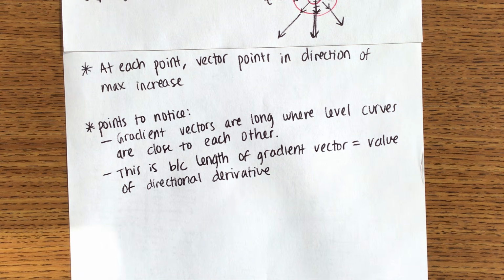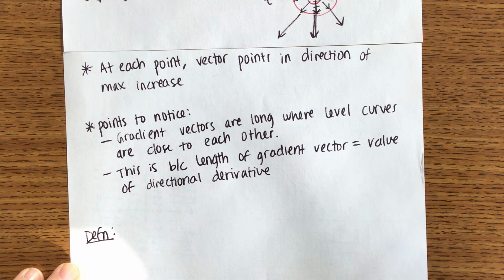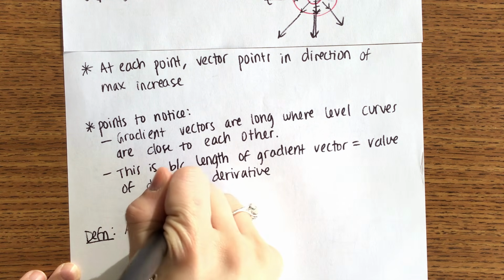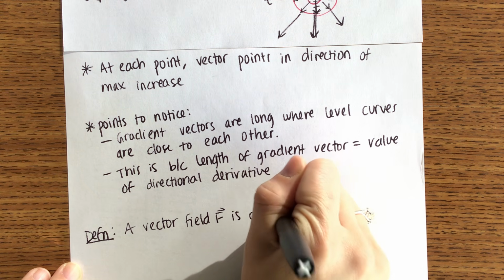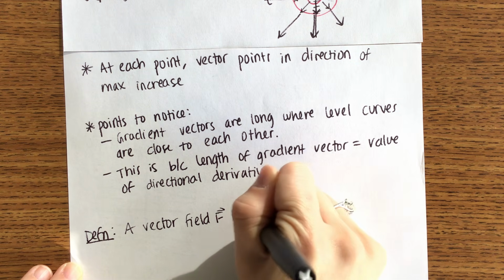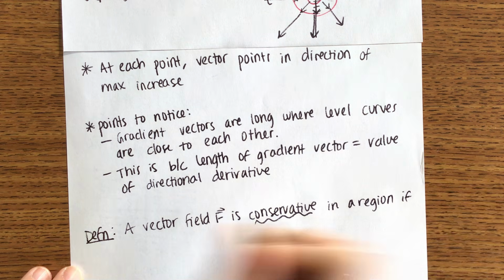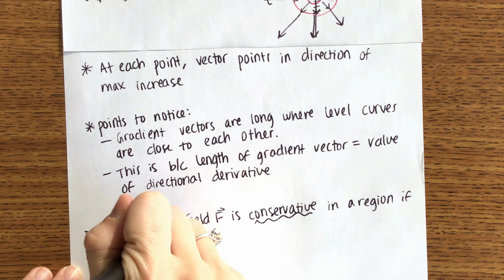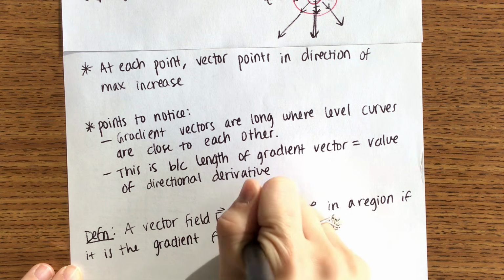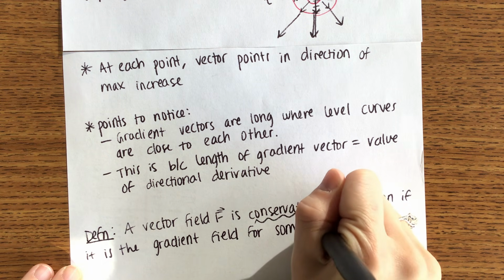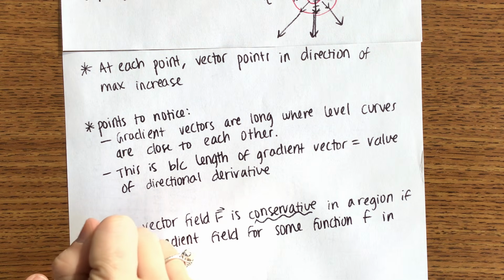Okay. One last thing to talk about. We say that a vector field F, big F, is conservative in a region if it is the gradient field for some function little f in that region.